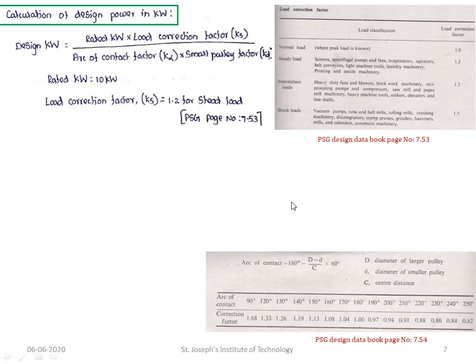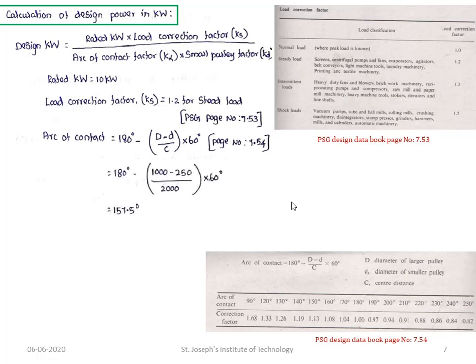If I substitute all the values in this formula, I get the arc of contact, which is almost nearer to 160 degree. I can take 160 degree, or otherwise keep it as it is. For 160 degree the correction factor is 1.08. So my arc of contact factor is 1.08.